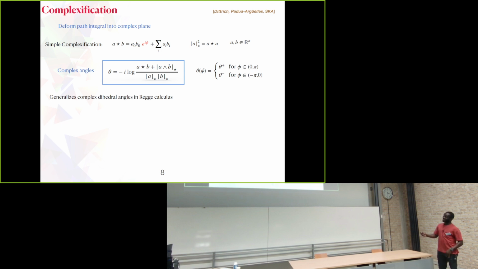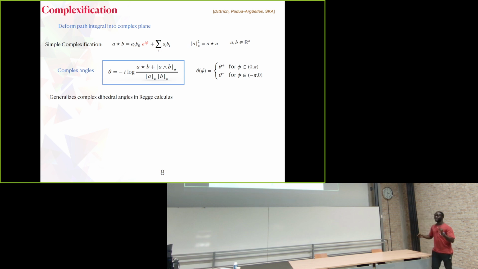As you see here, there are 2 ways I can analytically continue these angles. I should say that when phi equals 0, you get Euclidean for sure. And if phi equals pi or minus pi, there's Lorentzian with different signs. So you see that the Euclidean angle and Lorentzian angle are already branch cuts of these angles.